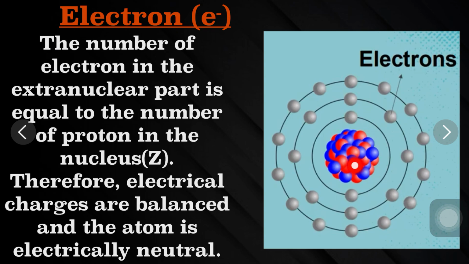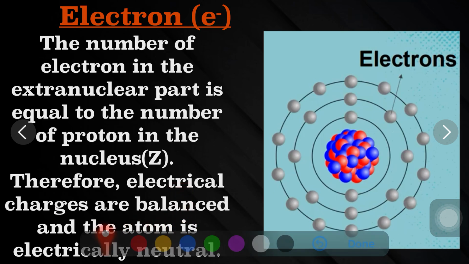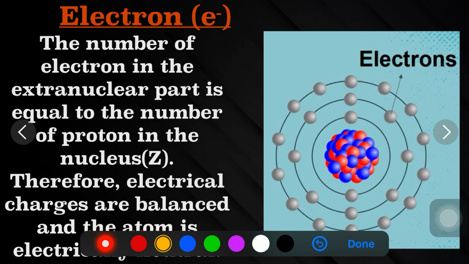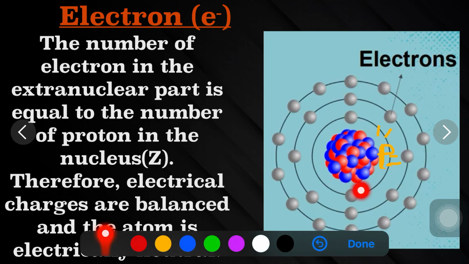Therefore the electrical charges are balanced, because the number of electrons is equal to the number of protons. That is why the atom is electrically neutral, meaning no charge.